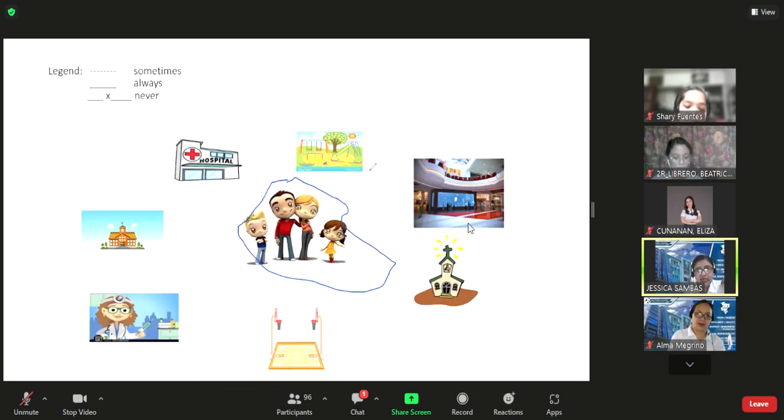Now, these are the existing informal and formal networks within the community. Now, we're going to determine how's the relationship of this family over these existing networks. Example lang ito, no? Now, naay legend din ani, ang nakabutang lang diri is they would visit sometimes, always, never.